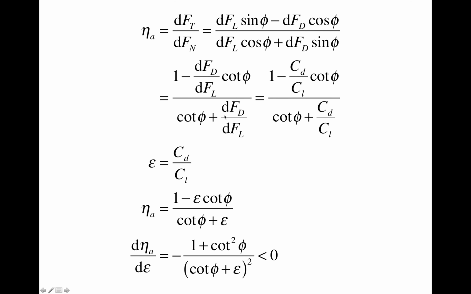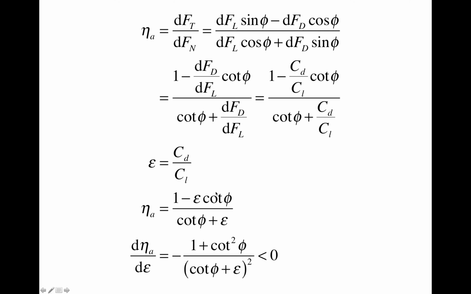Since we have the expressions for the drag force and the lift force, we can just divide them. What we obtain is the drag coefficient divided by the lift coefficient. If we represent CD over CL as epsilon, it's just a shorthand notation for this drag over lift ratio, then we can write eta A as a function of epsilon.